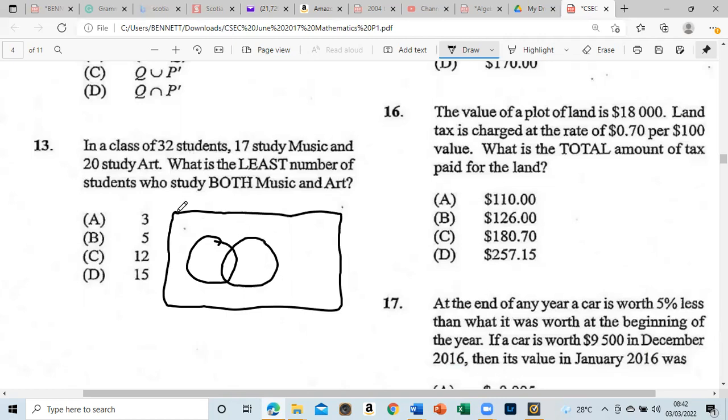So it's 32, the grand total, and music, so this is N and this is R. What's the least number? So 20 study this and 17. So 20 plus 17, that's 37. 37 minus 32, that would be 5.